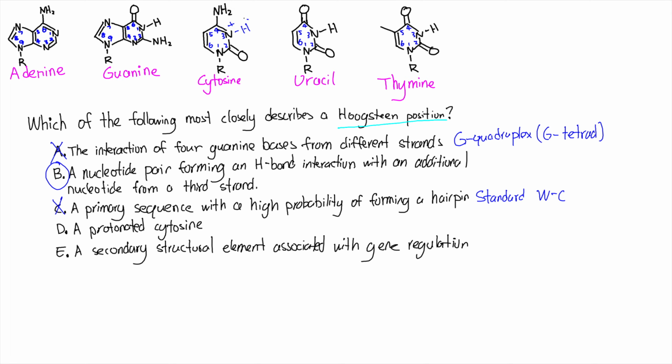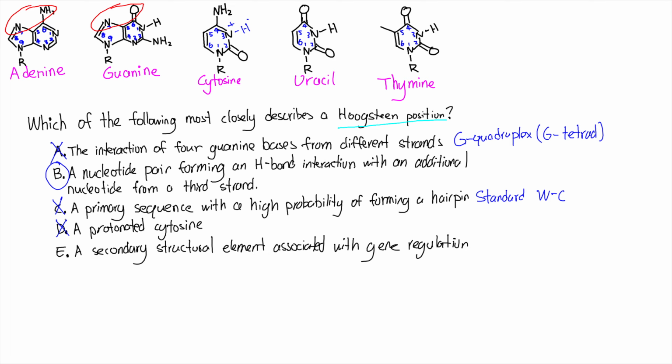A Hoogsteen position is not a protonated cytosine, but rather those faces that are exposed and not involved in standard base pairing. So we can eliminate option D.